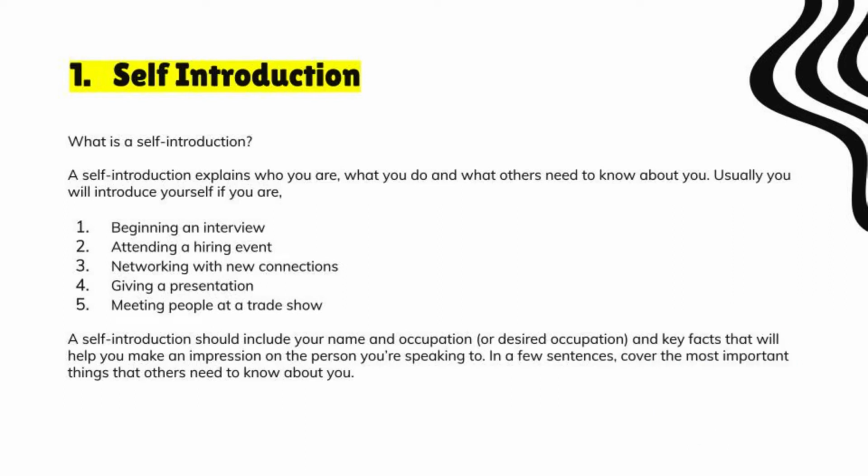Self-introduction should include your name and occupation or desired occupation and key facts that will help you make an impression on the person you are speaking to. In a few sentences, cover the most important things that others need to know about you.